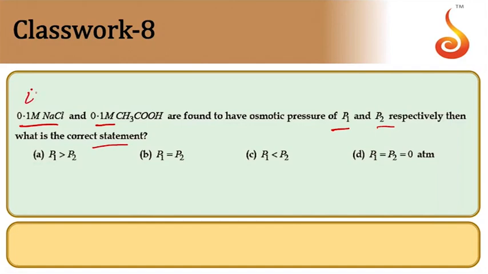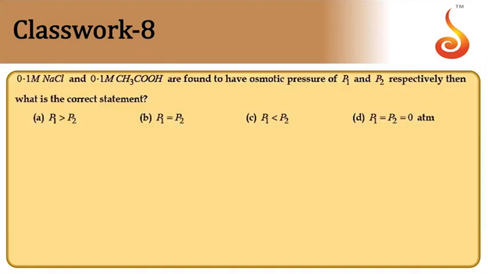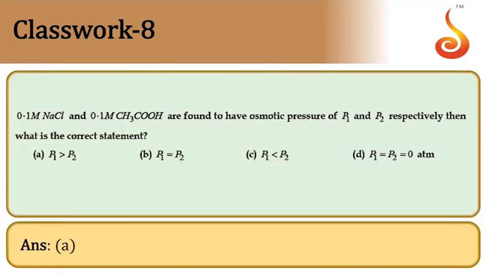The Van't Hoff factor i is equal to 2 for NaCl and i is 1 for acetic acid. So osmotic pressure pi is equal to i into C into RT. Both are having the same concentrations here, but the i value differs. i is 2 for NaCl, so for NaCl solution you have higher osmotic pressure. So P1 should be more than P2. So option A is correct.